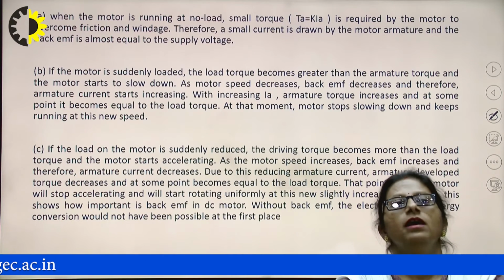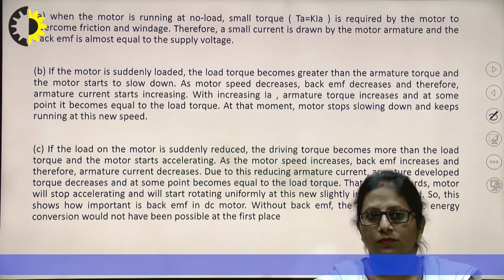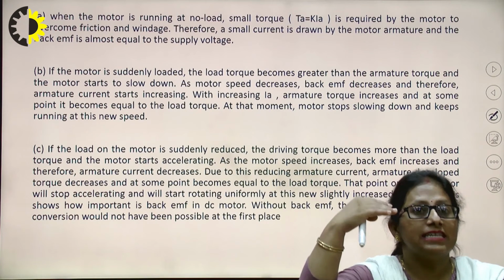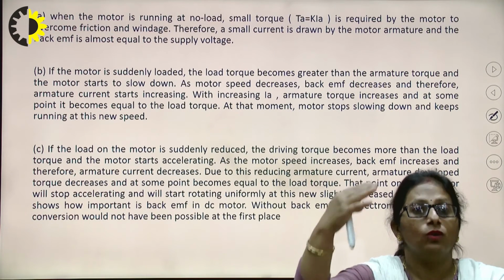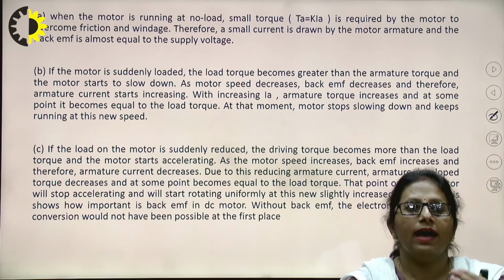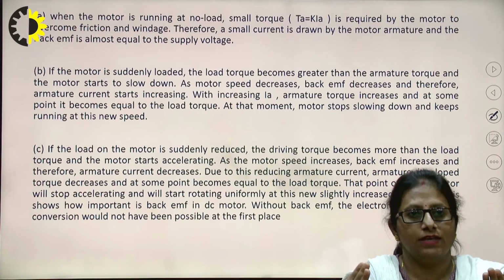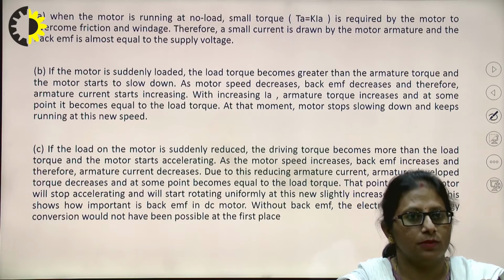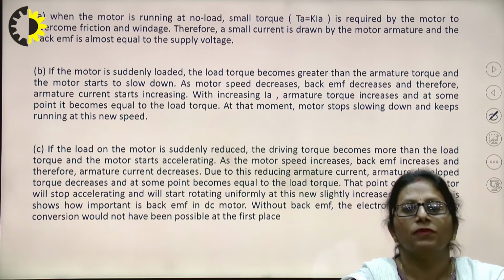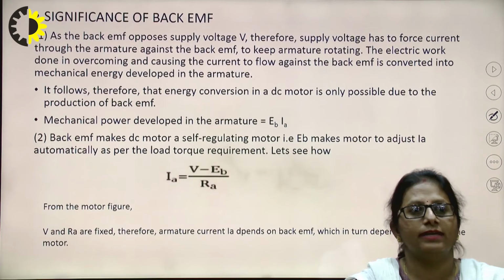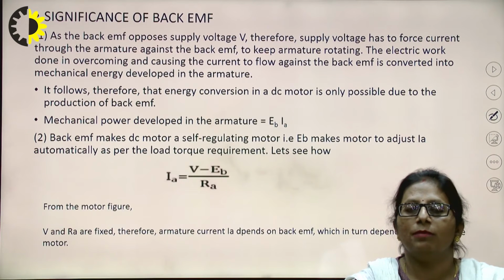Now if the motor is suddenly loaded, the load torque becomes greater than the armature torque and the motor starts to slow down. As the motor speed decreases, the back EMF also decreases and therefore the armature current starts increasing. We have seen the relationship that the armature current is given by V minus EB upon RA.